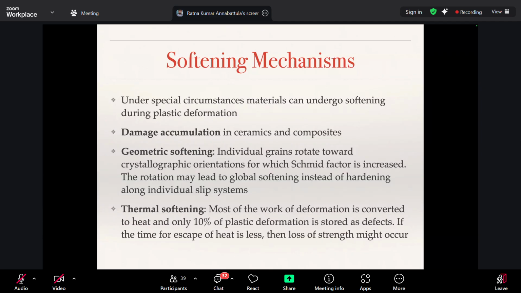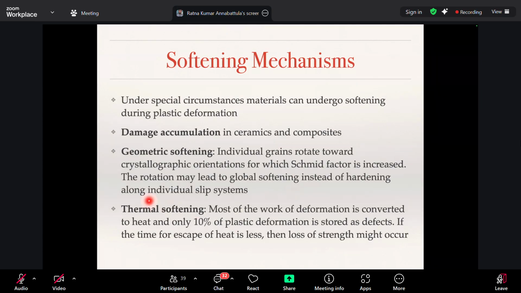Once the Schmid factor becomes the same for all the grains in a hypothetical situation, until then the material is showing hardening because of the dislocation interaction. Suddenly the Schmid factor has become so high. Suddenly you will not require so much high force, and hence you will see softening in the material.